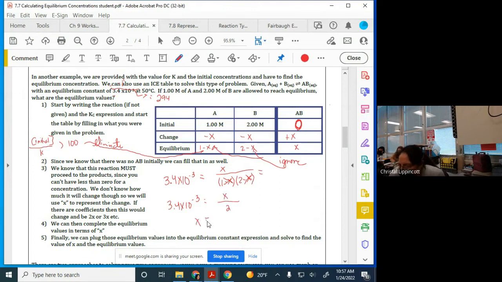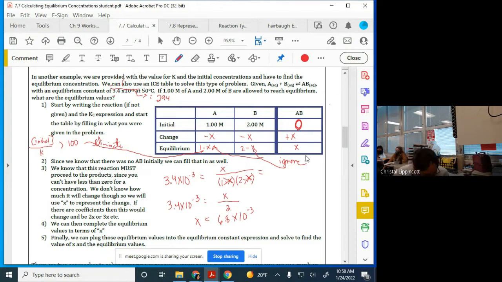So x is going to equal 6.8 times 10 to the minus 3. If I took 1 minus 6.8 times 10 to the minus 3, that's 0.9932. So 1 versus 0.9932 is so little that it doesn't really impact your calculations.